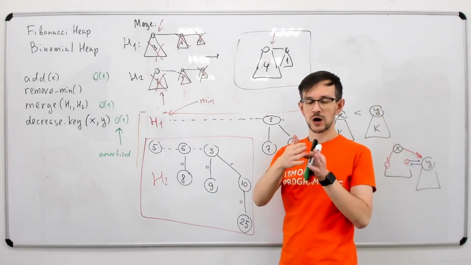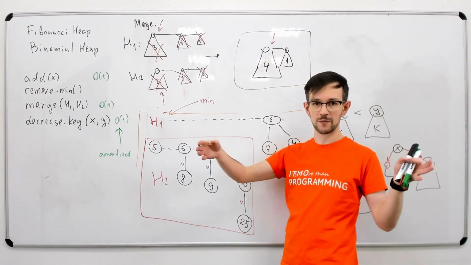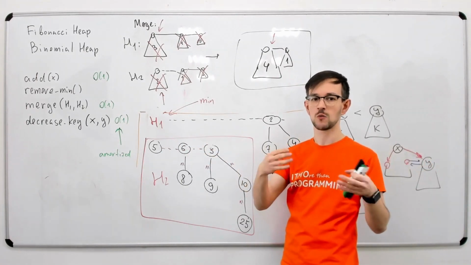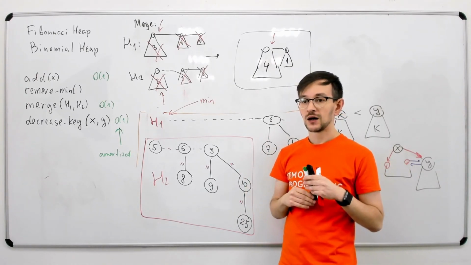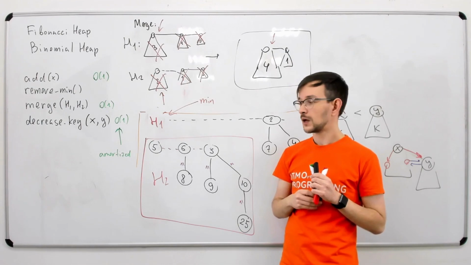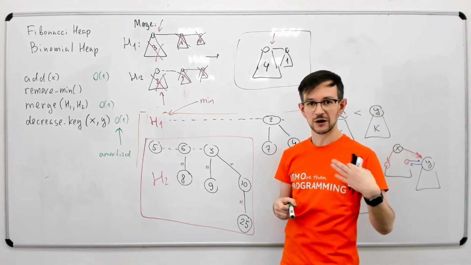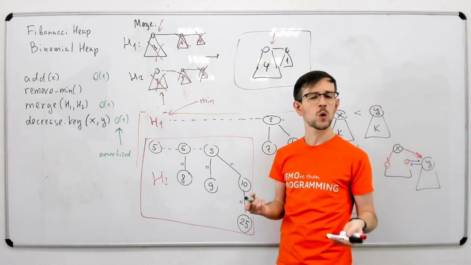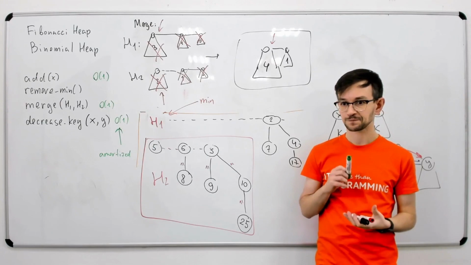Amortized cost means that if you have some number of operations, then the sum of time complexities of all these operations will be no more than, and so on. It's not the worst case, not the best case. It's the worst case amortized time. We always talk about worst case operations. It's the worst case amortized time.